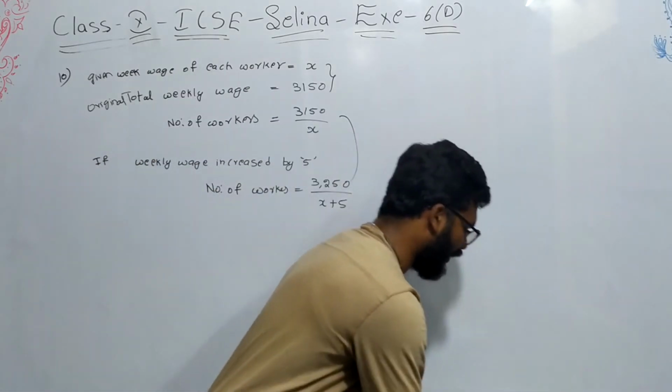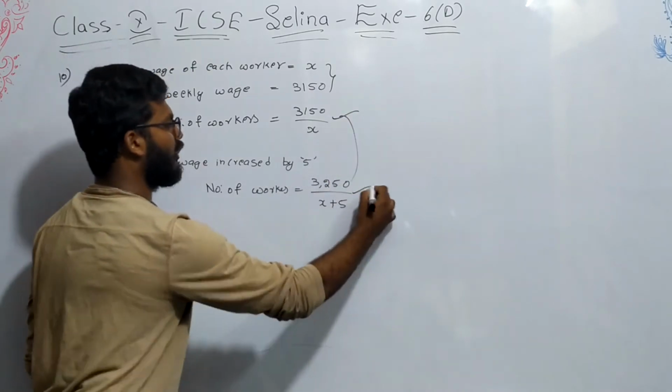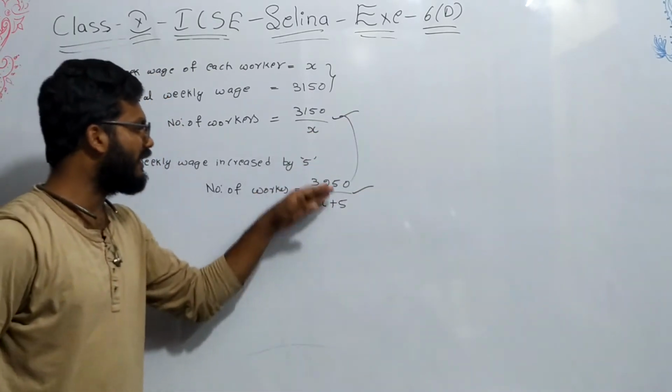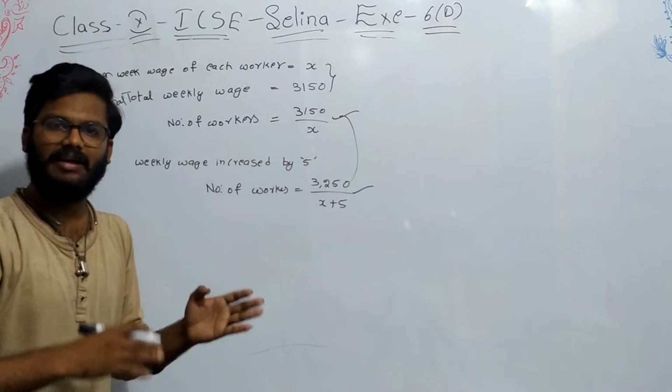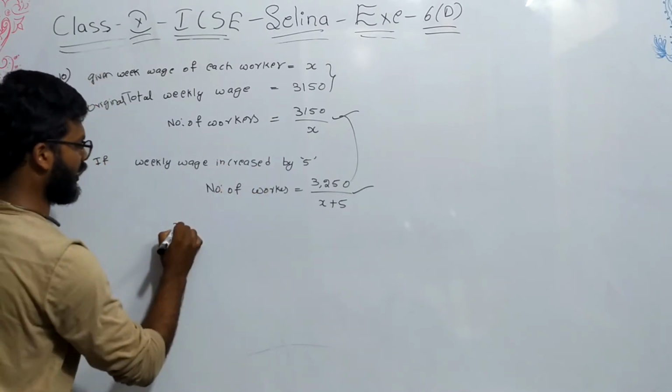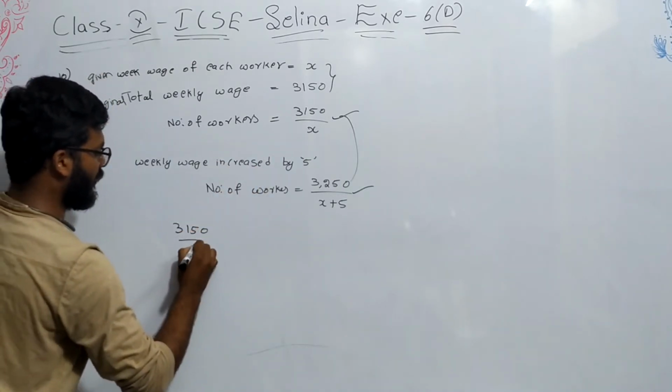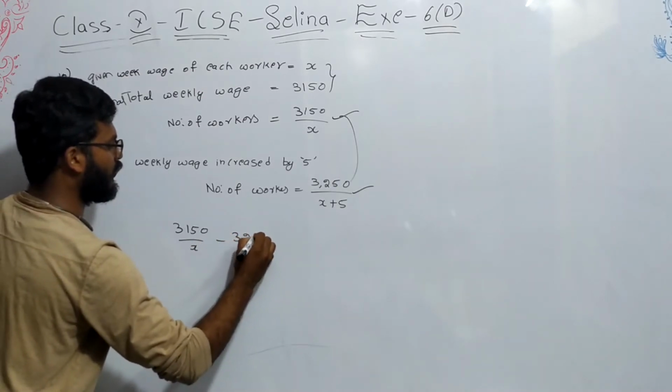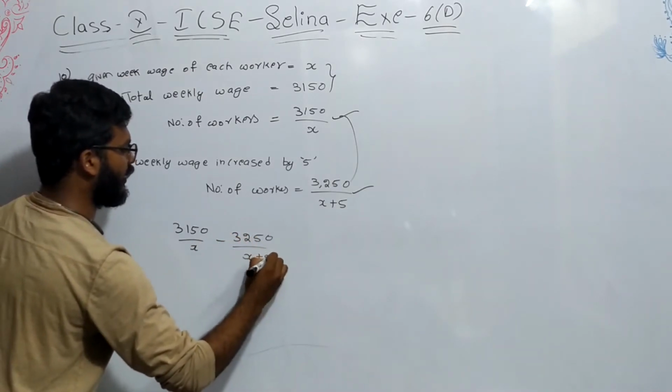So from here to here, what is the difference? If he did like this, he can employ 5 workers less. So the condition is 3,150 by x minus 3,250 by x plus 5 is equal to 5.